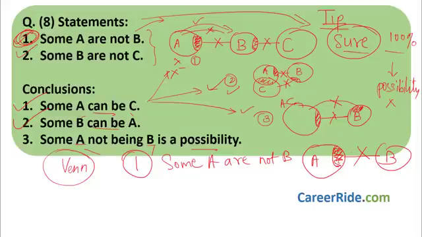Still, they are writing it as a possibility. A sure shot thing, they are writing it as a possibility that some A not being B is a possibility. So at such a point we can simply mark the conclusion directly wrong. Have you understood? They have already given a statement which is concrete and 100% right, that some part of A is not B. Still we are casting a doubt on their statement, that some part of A not being B is a possibility.